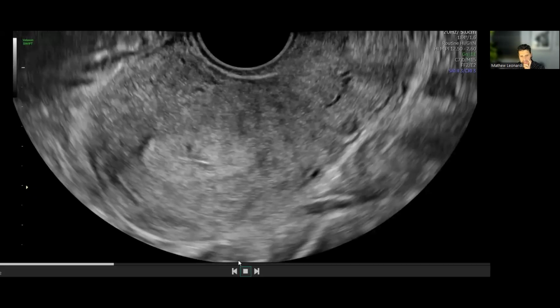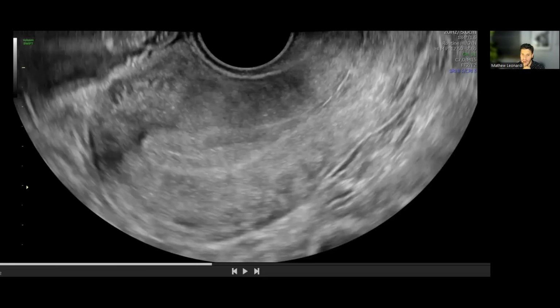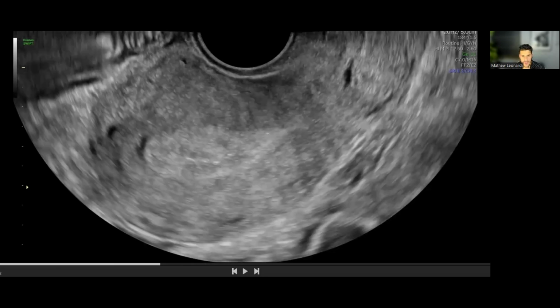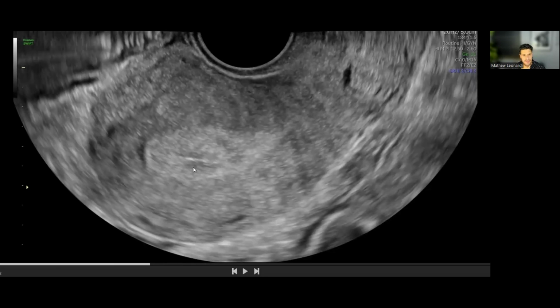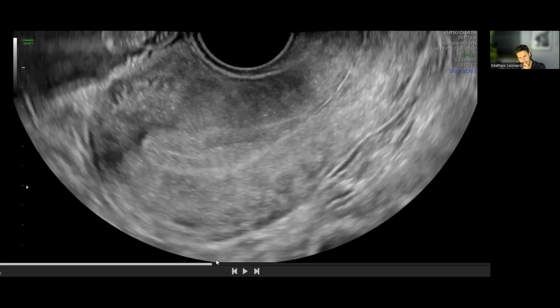We come back to this cine loop. Let's see, can we see another polyp maybe? They often happen together. So we have this area here, which is displacing this midline linear echo posteriorly. And then just maybe inferior to that, just here, maybe we have an anterior displacement of this endometrium as well.